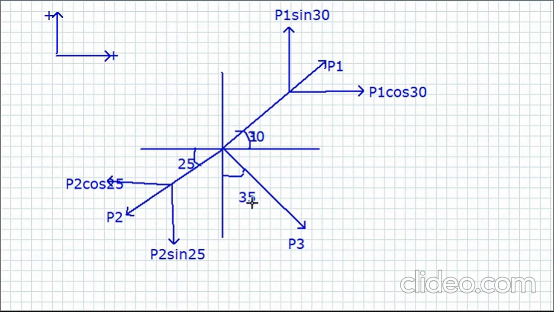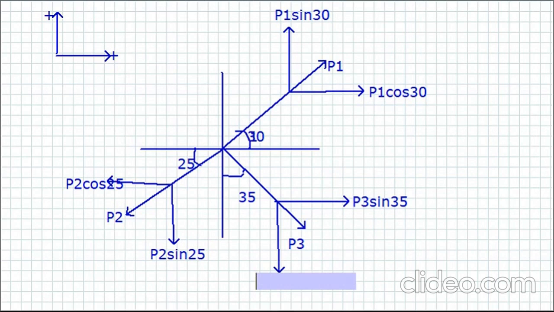To resolve P3, drawing a horizontal component and then the vertical component. Now here the angle is made with respect to what? The y-axis. Therefore the y component is assigned cos, and the other component is assigned sin, that is P3 sin of 35, and the y component is P3 cos of 35.